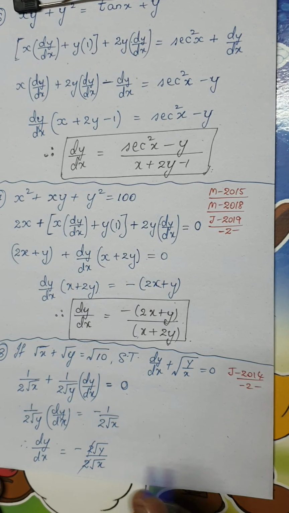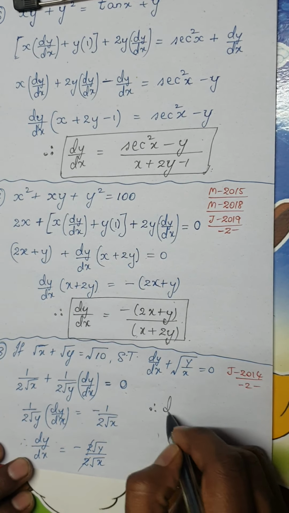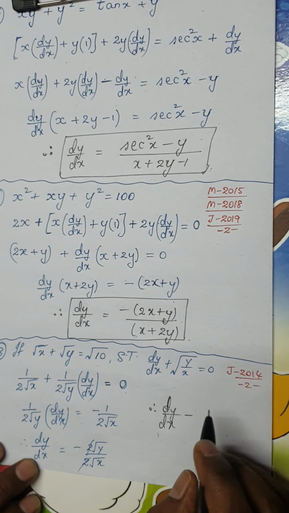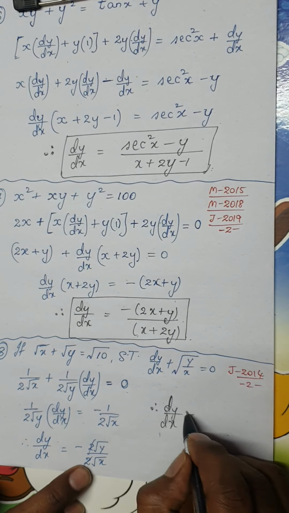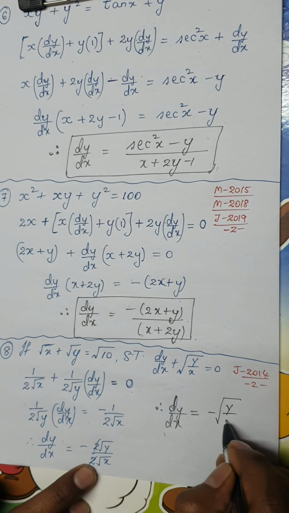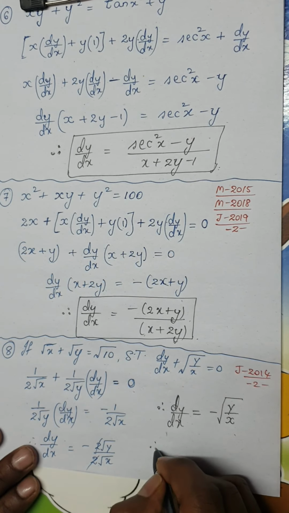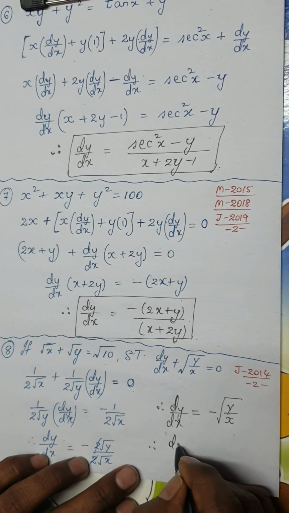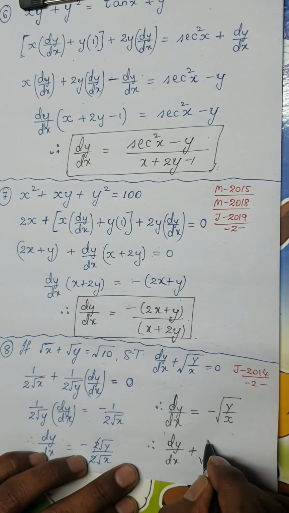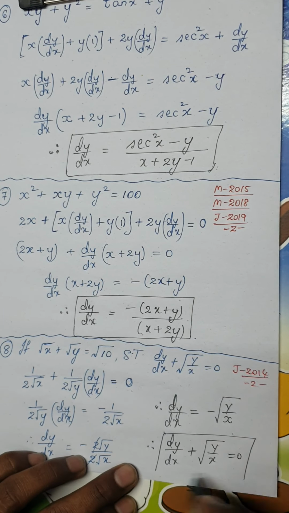So 2 and 2 get cancelled. Therefore I can write dy by dx is equal to minus of, you can write a common root, root of y by x. Bring it to left hand side, that will give you your final answer, dy by dx plus root of y by x is equal to 0, okay.